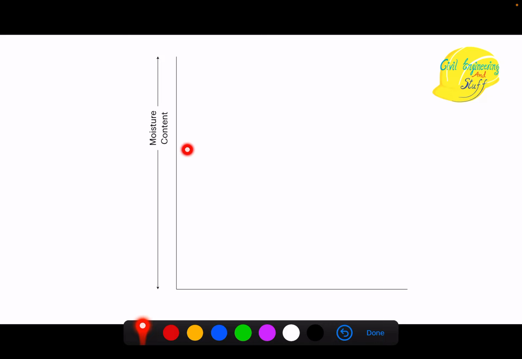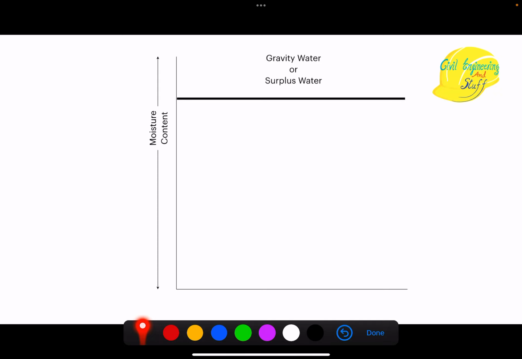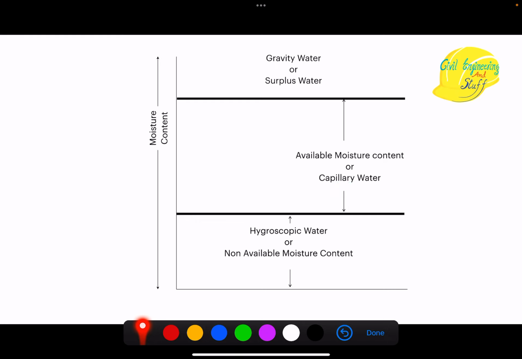The moisture content can be divided into three sections. The first one is the gravity water or the surplus water. Then we have the available moisture content, also called the capillary water, and after this we have the hygroscopic water or non-available moisture content. Now let us discuss these three in detail.